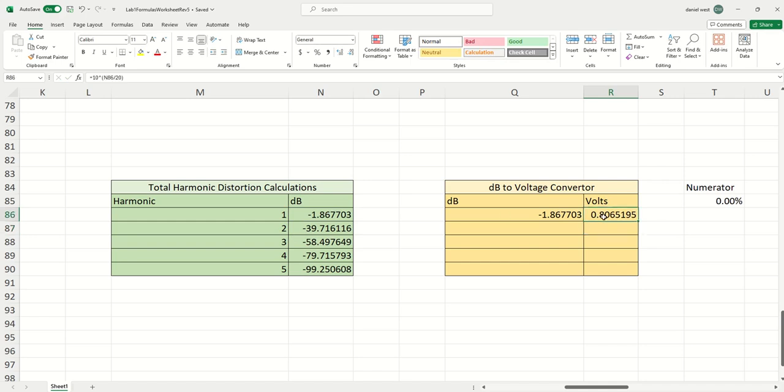And then the second one was 10.33 millivolts.